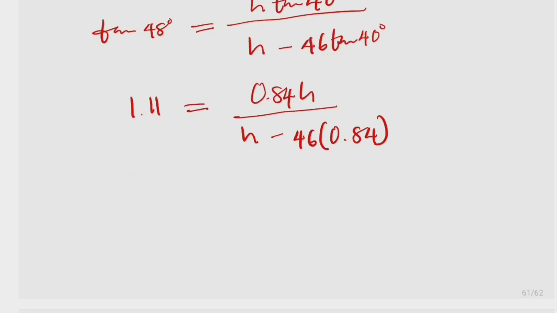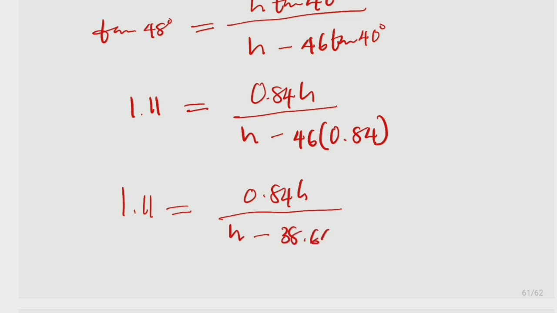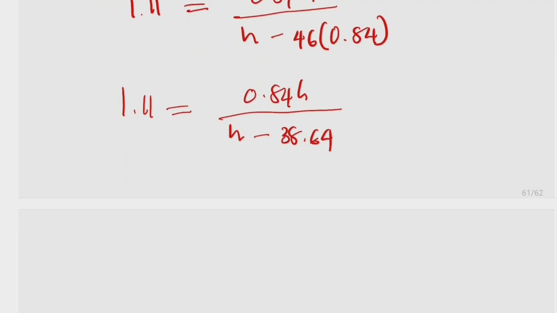0.84. Next, we have 1.11 equal to 0.84 h divided by h minus 46 multiplied by 0.84. This is 38.64. Now I would like to cross multiply.